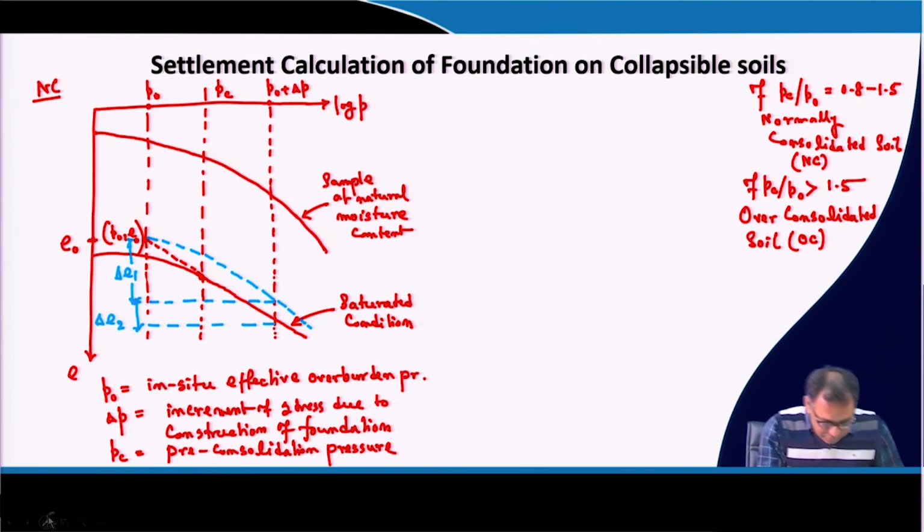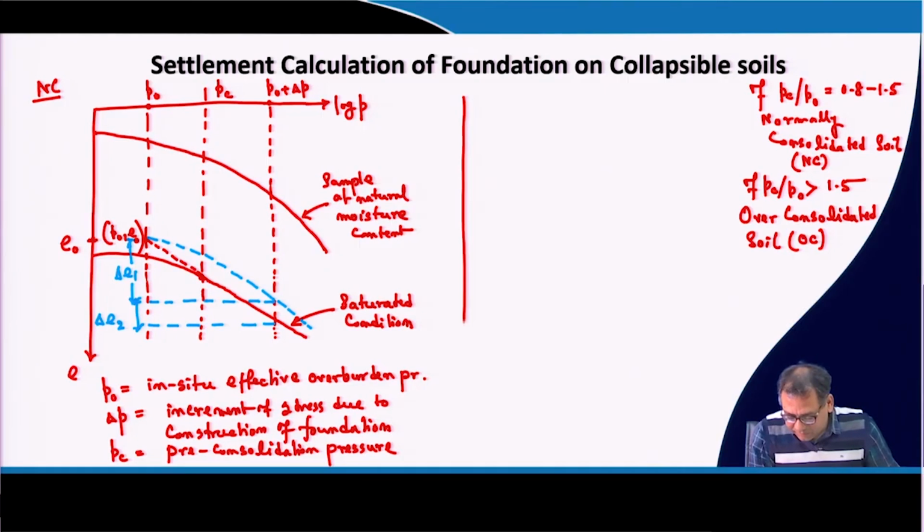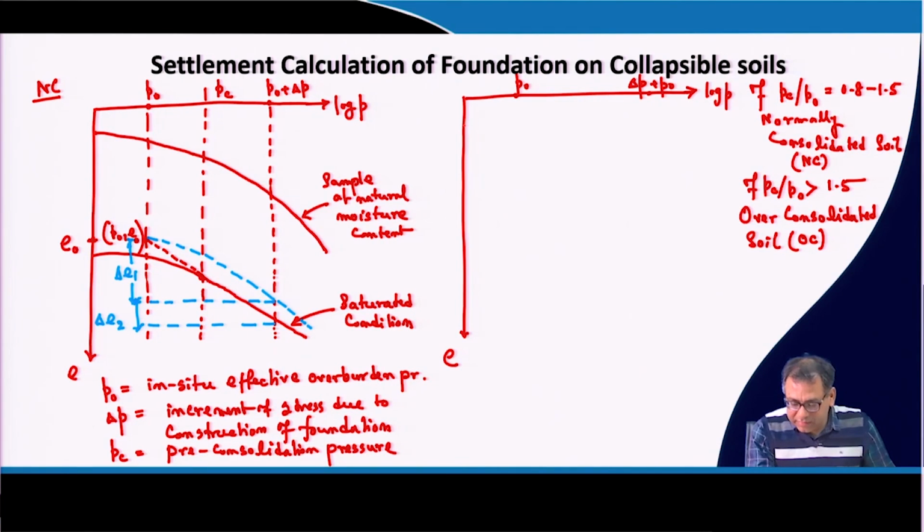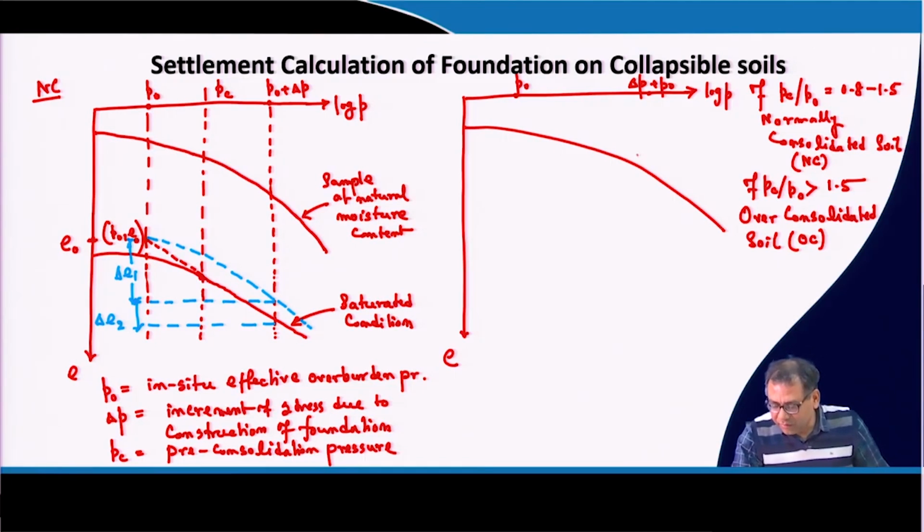Similarly, I can draw a similar curve for over consolidated soil, on the log P axis. So, this is again P0, then this is P0 plus del P. For the over consolidated soil, this curve is for the natural moisture content.